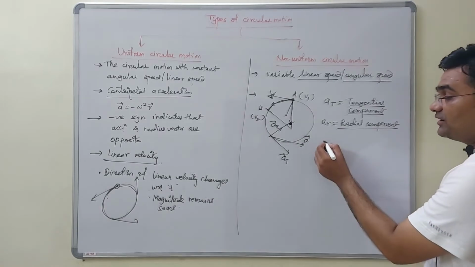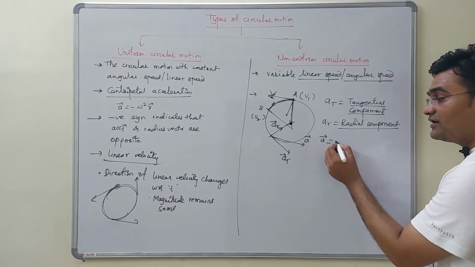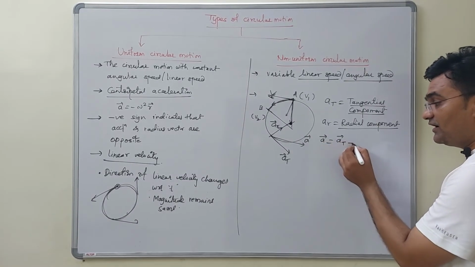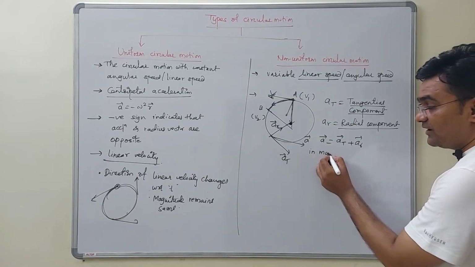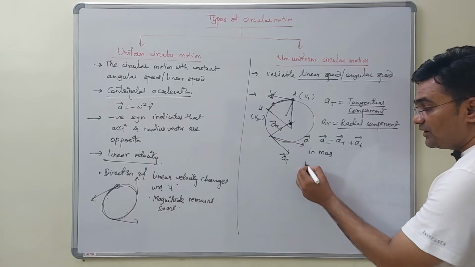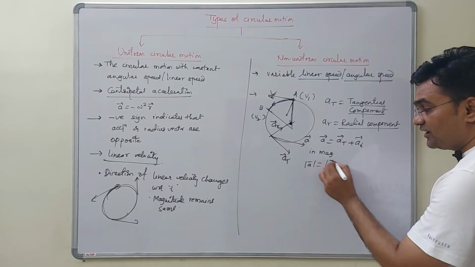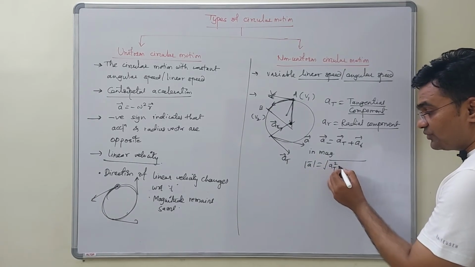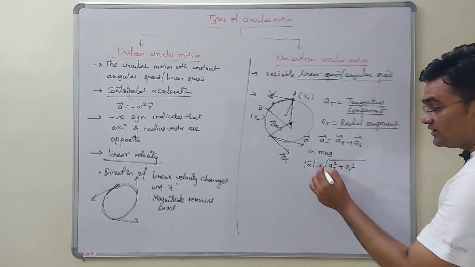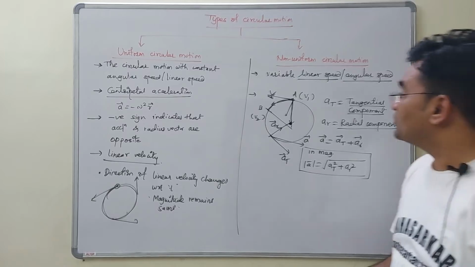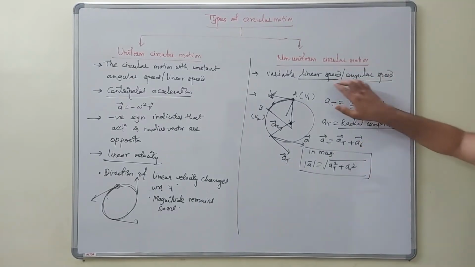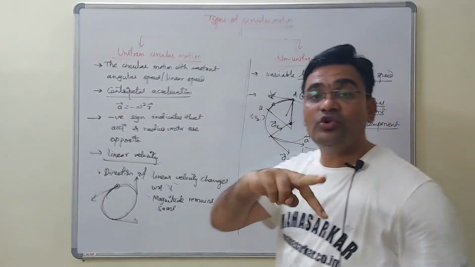The acceleration is the vector sum a_T plus a_R, and its magnitude is given by the square root of a_T² plus a_R².